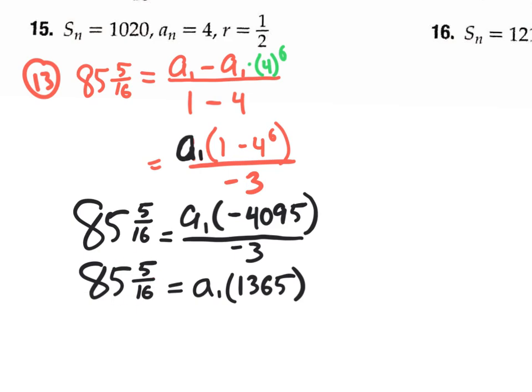And from here, we want to get a sub 1 by itself. Now, this might confuse some of us. So if you want, change it to an improper fraction: multiply 16 by 85, and then add 5 to it.